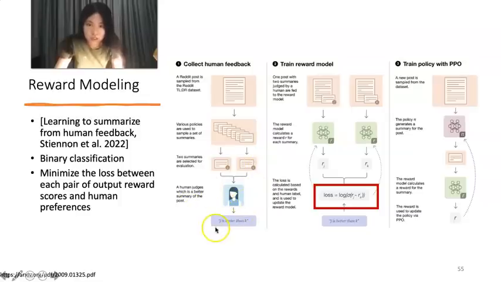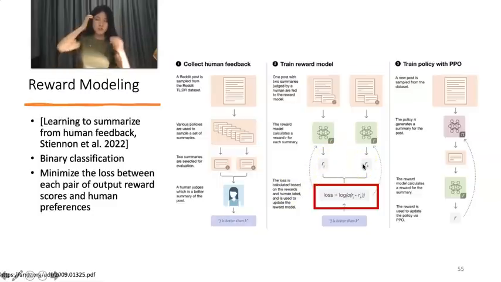Suppose this human thinks J is better than K. Keep in mind, this will be our target for this pair of responses: J is better than K. So we want our model to give a reward for J, RJ, and a reward for K, RK, which will signal this judgment. So we always want RJ to be larger than RK.